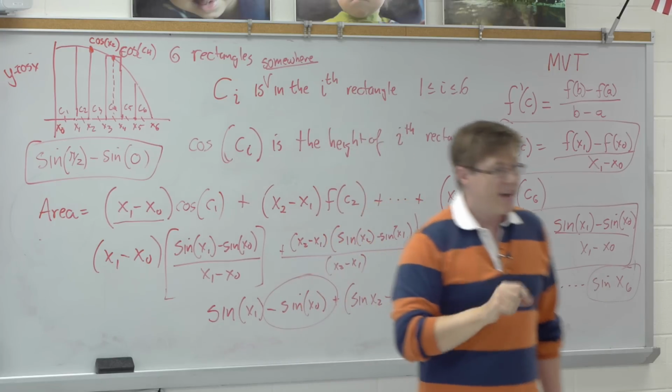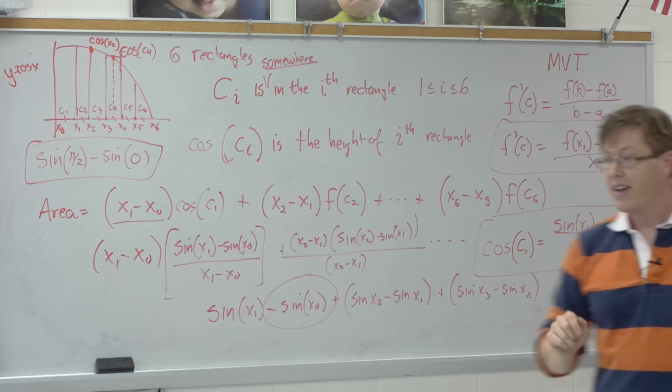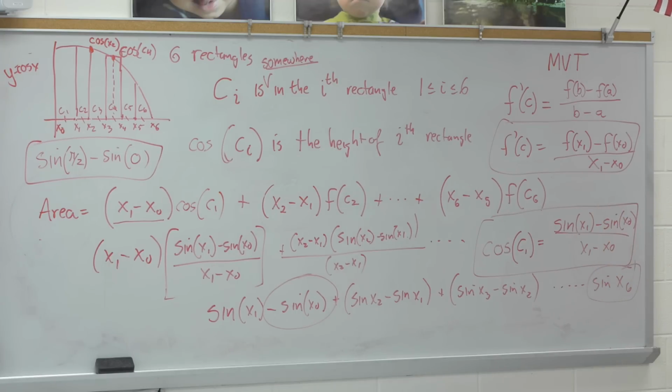Now, I have not yet proven that the area under the curve is sine pi over 2 minus sine of 0. I have only proven that the area of those 6 rectangles is the sine of pi over 2 minus the sine of 0.